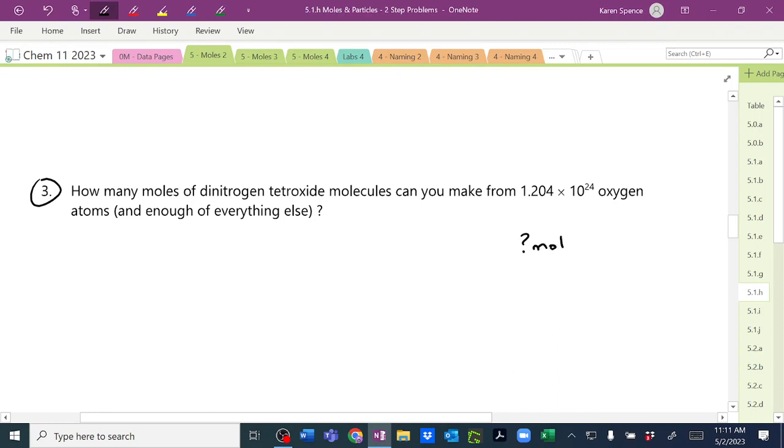What is the formula for dinitrogen tetroxide? N2O4. That's what we want to figure out. Can we make from 1.204 times 10 to the 24 O atoms?